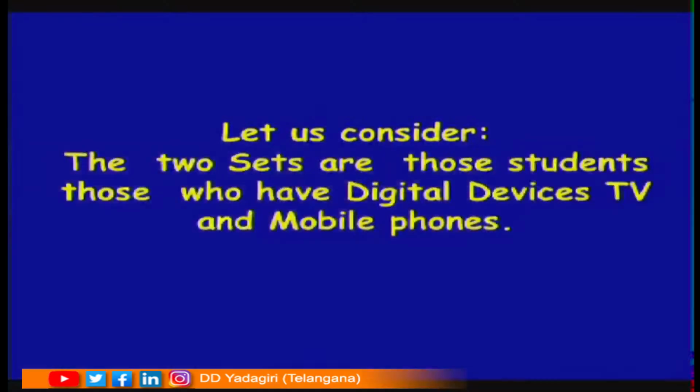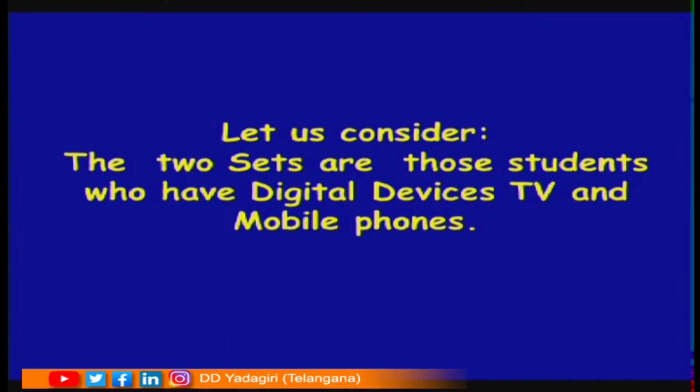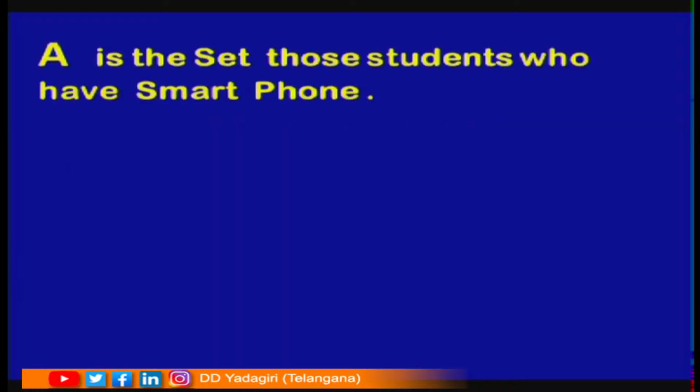Now, to understand this union, let us consider one example. We have conducted a small survey in our school. So, let us see the context. Please look at the slide. Let us consider a situation, the two sets of those students who have digital devices, TV and mobile phones. Now, A is the set of those students who have smartphones.